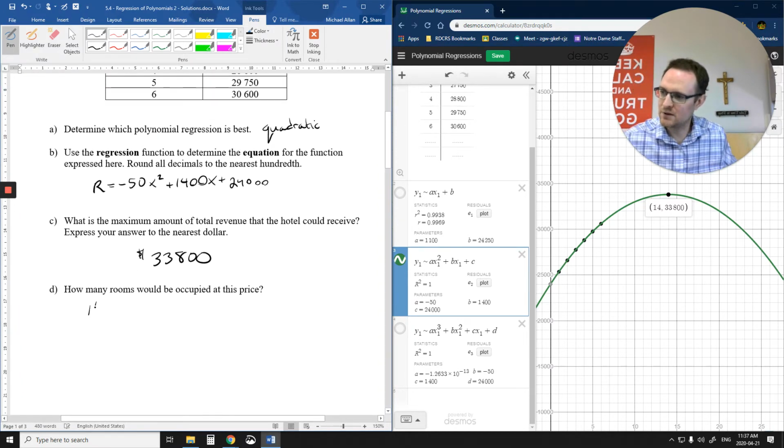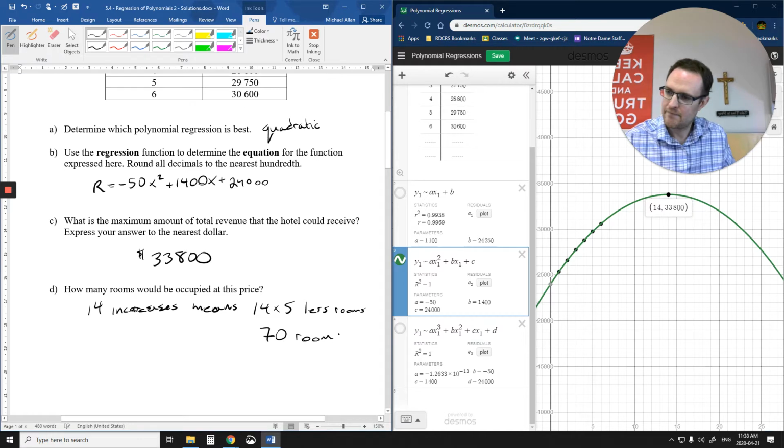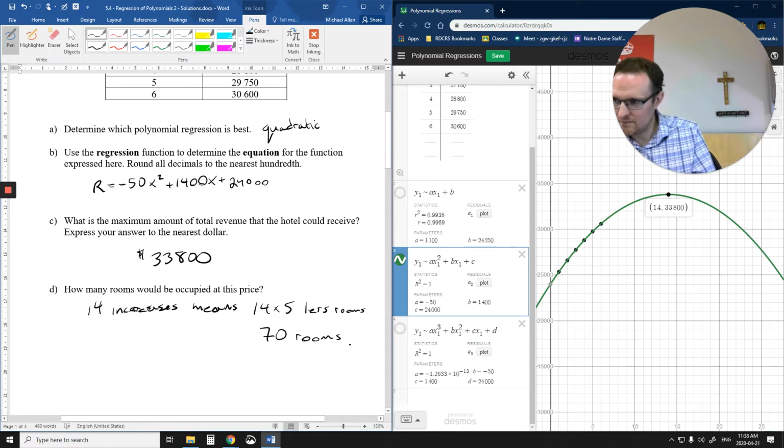So we'll write that down. 14 increases means 14 times 5 fewer rooms. It's 14 times 5, which is 70.